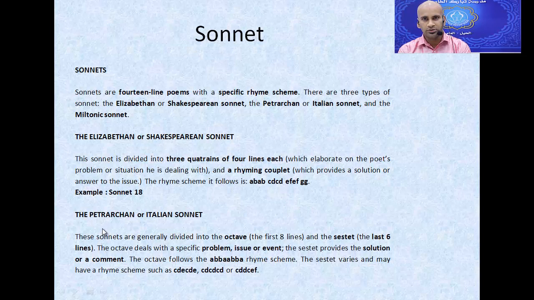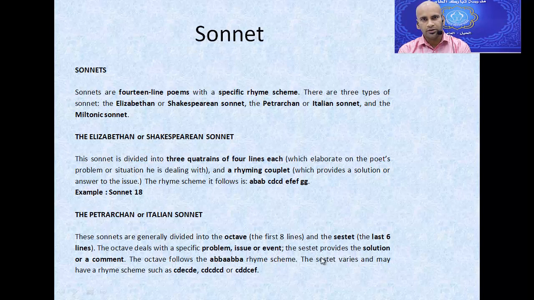Now, the next one is the Petrarchan sonnet or Italian sonnet. These sonnets are generally divided into an octave, meaning the first 8 lines. As you know, a sonnet has 14 lines. The first 8 lines are called the octave. Then the sestet, which means the last 6 lines. The octave deals with a specific problem, issue or event.